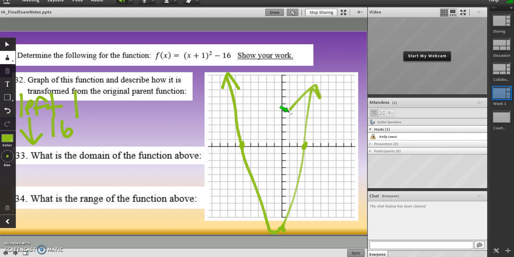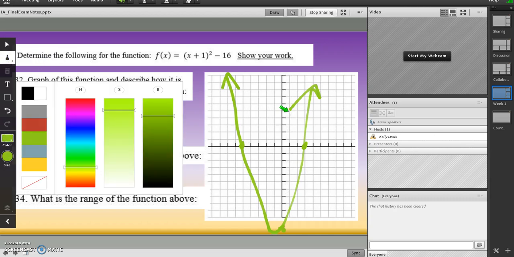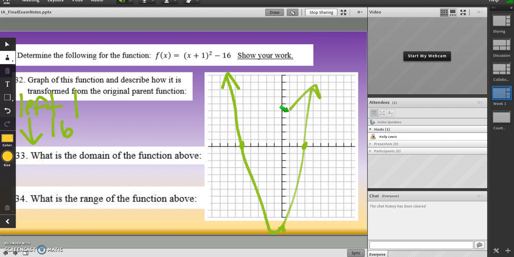Okay, the domain is all the x's. As we're coming up from the smallest x value, we have an arrow, and as we're going to the right, to the biggest x value, we have another arrow. So arrows mean infinity.